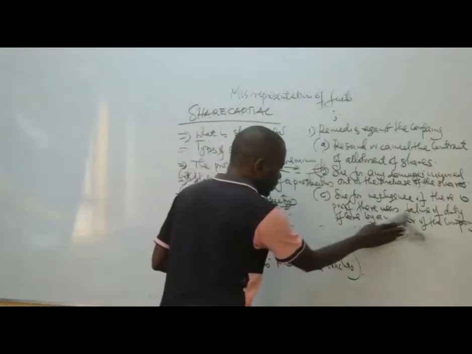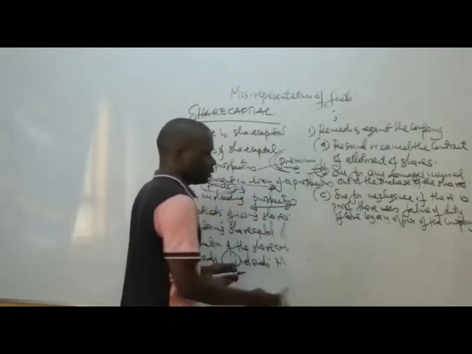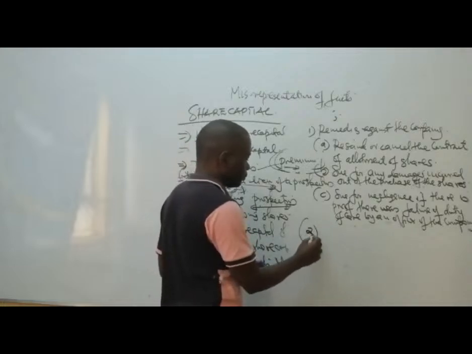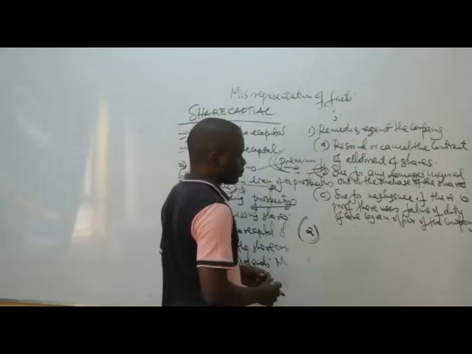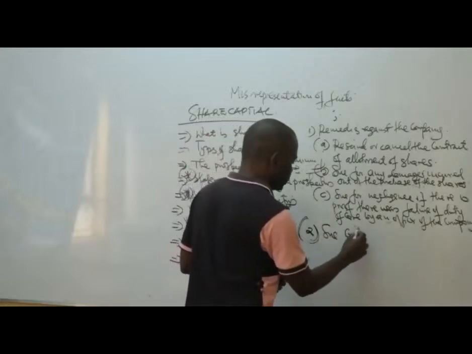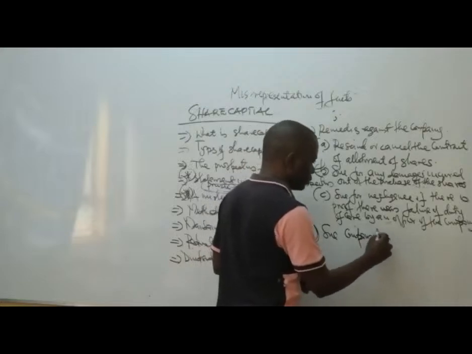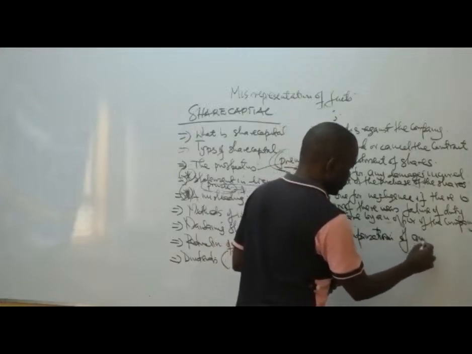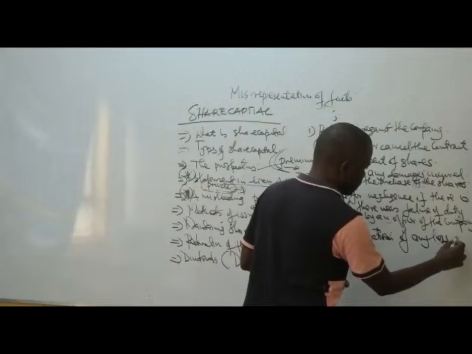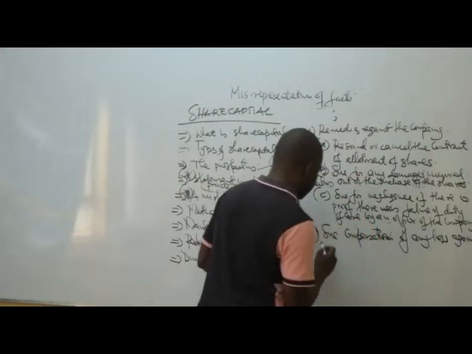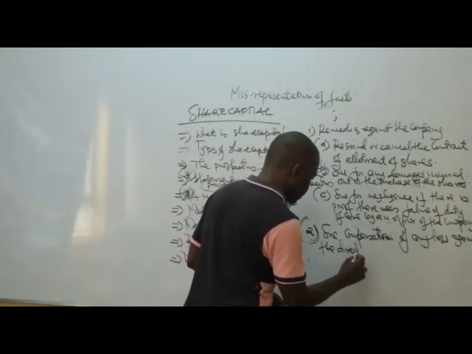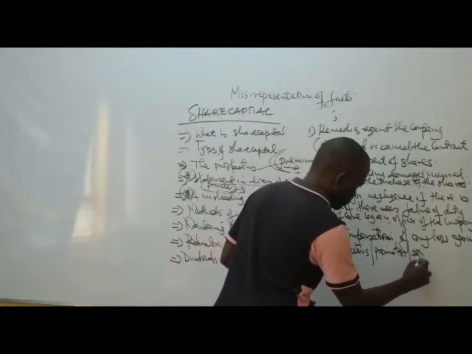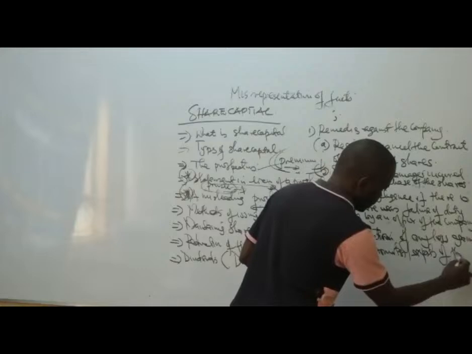So part number two, what you can do. Number two, sue for compensation of any loss against the directors, stroke promoters, stroke experts of the company.